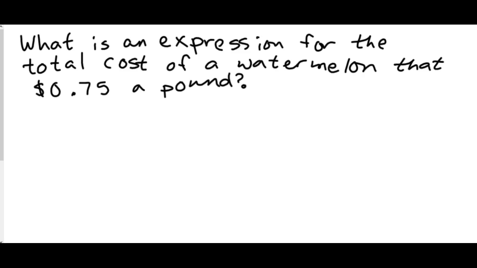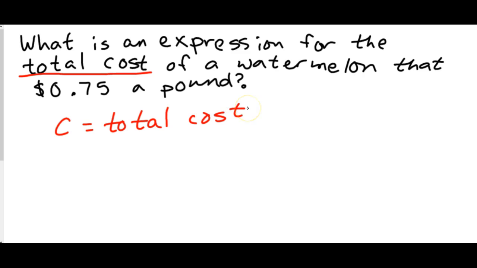So we need to come up with variables for all our important things in here. So total cost, that is an important piece of information. That's what we want to find the total amount of. So cost, we usually use C. Not necessarily, you could use T for total cost, but often they use C.